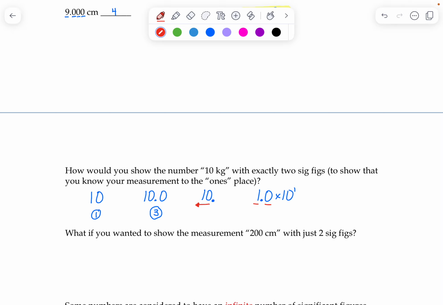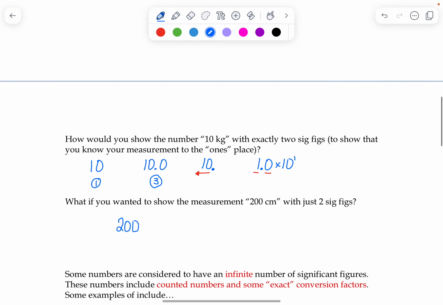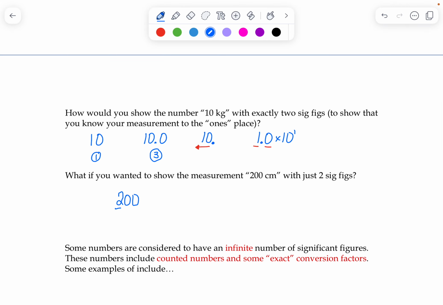What if you wanted to show the measurement 200 centimeters with just 2 sig figs? Well, if you just wrote 200, then the 2 would count and those zeros would not, because there's no sandwich, they're not right zeros. So this guy only has one sig fig.